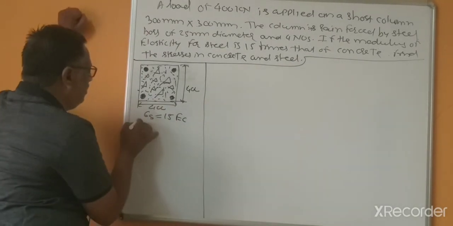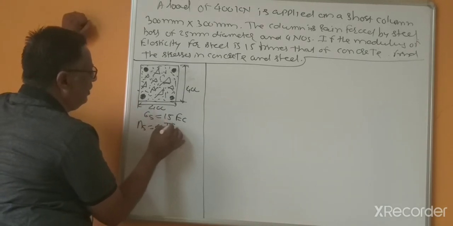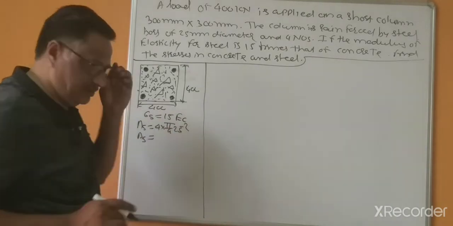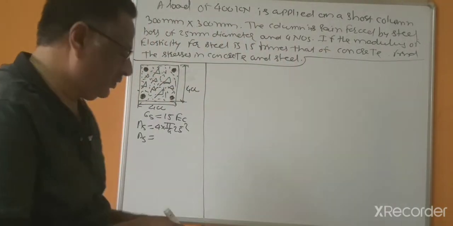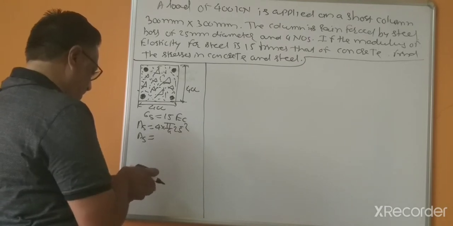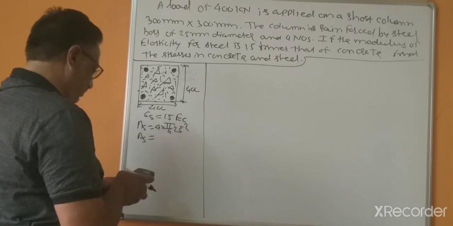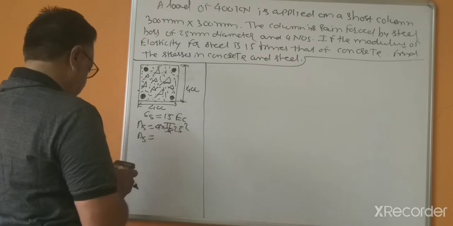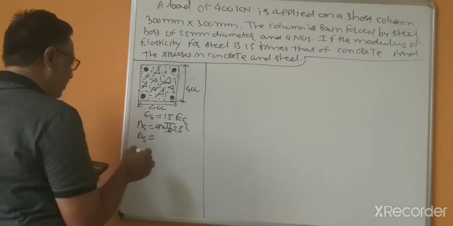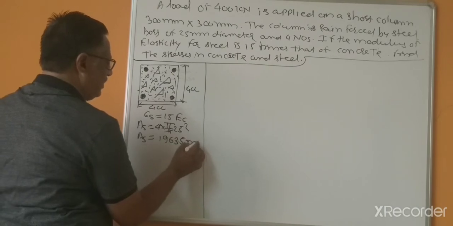First we will calculate the area of steel. This is 4 multiplied by pi by 4 into 25 squared, so area of steel is 1963.5 mm squared.